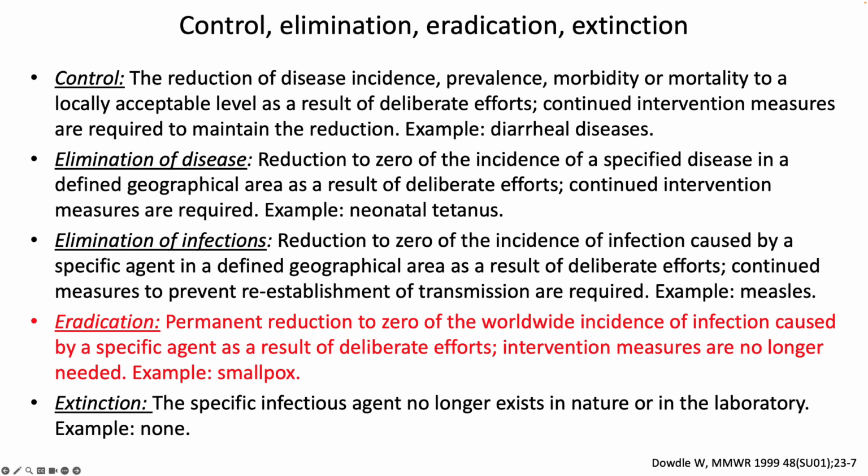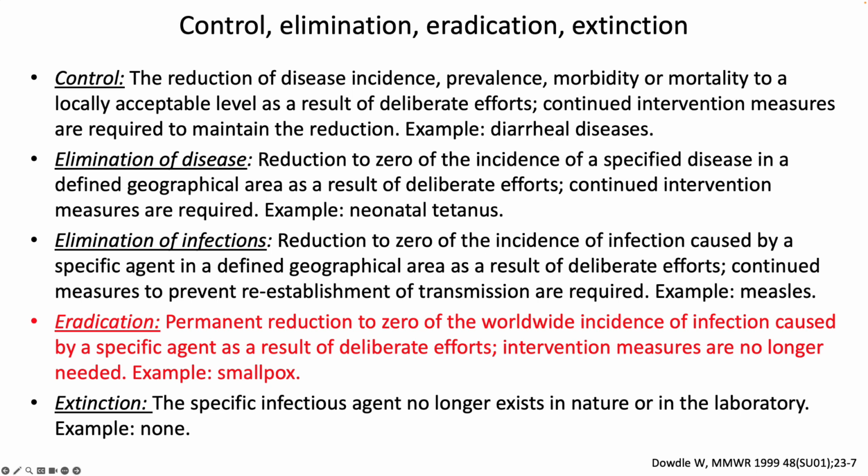Another step of a bit higher intensity is disease elimination. So not necessarily elimination of the infection, but eliminating the disease that the infection causes. So it would mean a reduction to zero of the incidence of a specified disease in a defined geographical area as a result of deliberate public health efforts again.